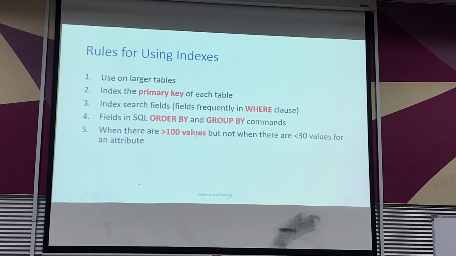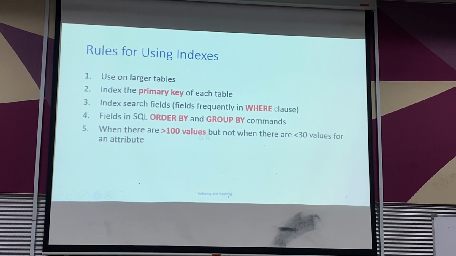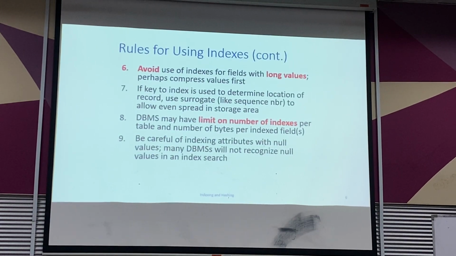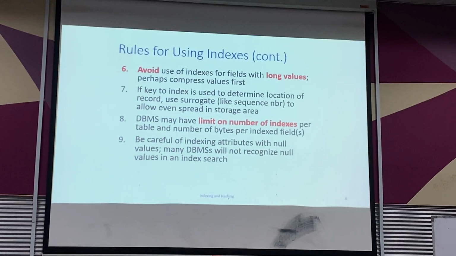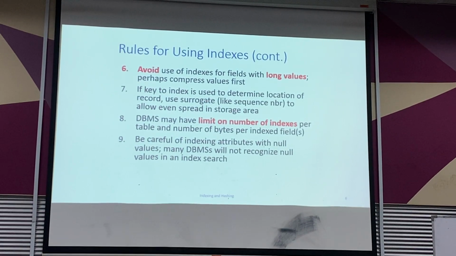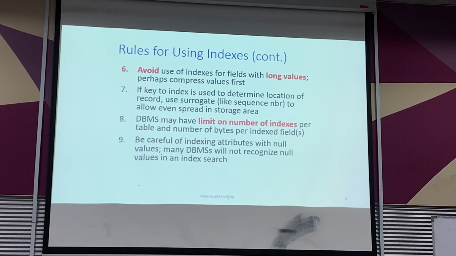Okay, if it can have more than 100 values. Rule 6: avoid indexes for fields with long values. For example, your address field is not suitable for creating an index because the address is too long.